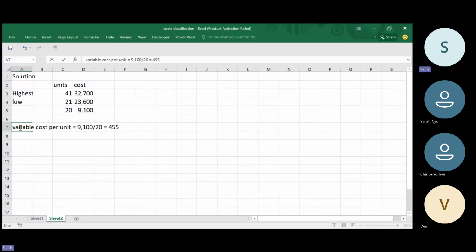So now, step 3, you substitute the cost into one of the cost functions. And we said the cost function is y is equal to a plus bx.